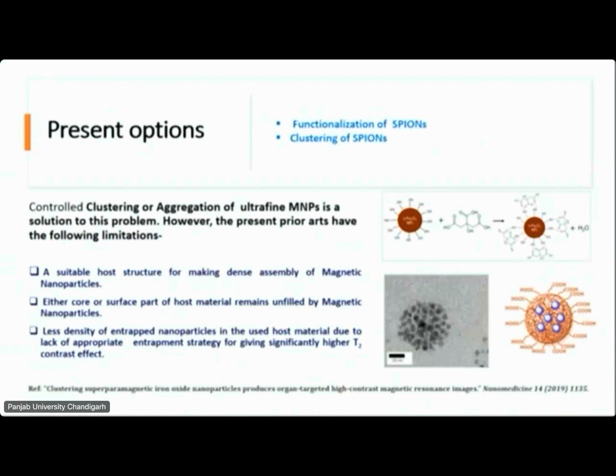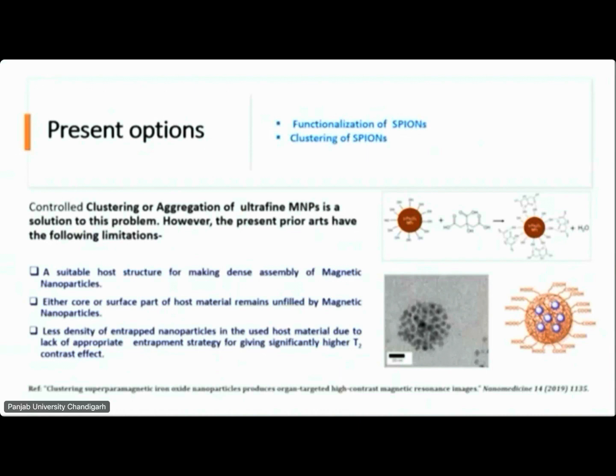If you make a cluster of magnetic nanoparticles, and this cluster also has superparamagnetic properties. People are now doing research on clustering of nanoparticles, and another option is functionalization of magnetic nanoparticles with suitable functional molecules which also increase the contrast efficiency. But the second option, clustering, is very fruitful.